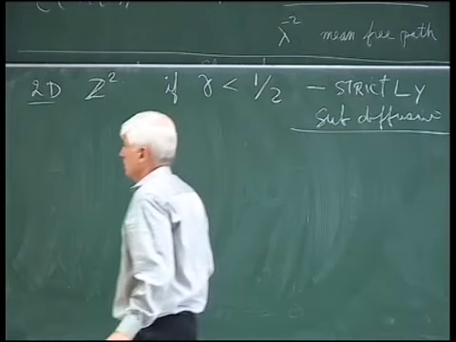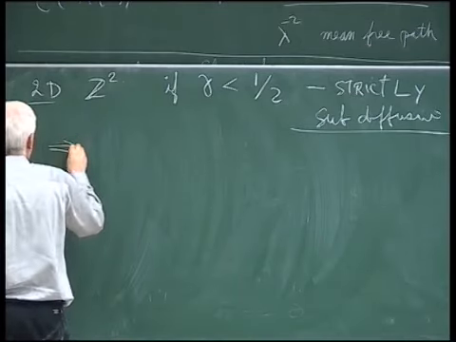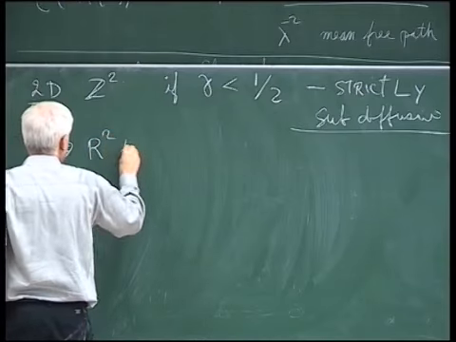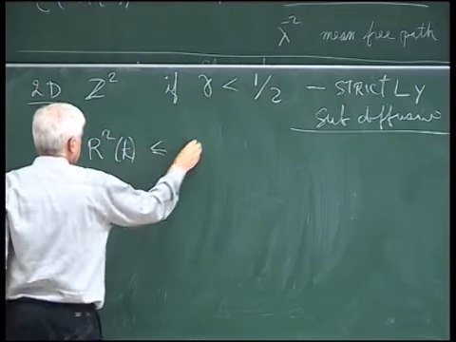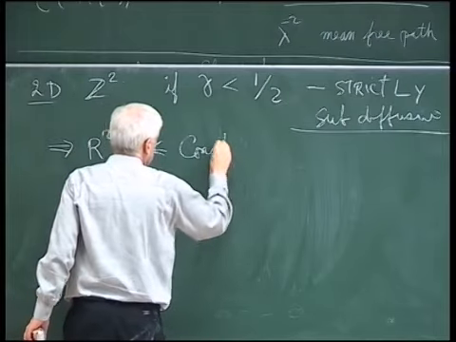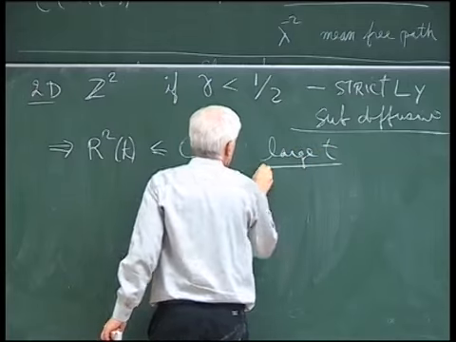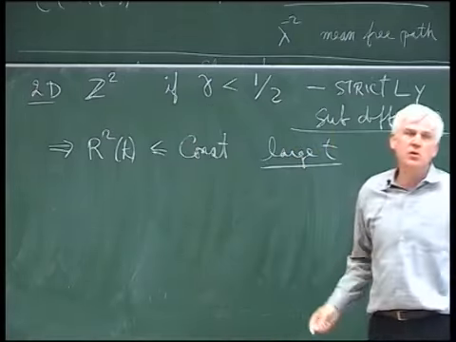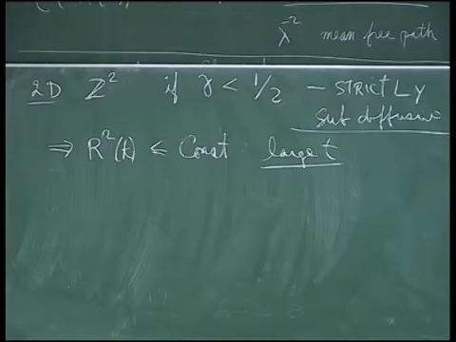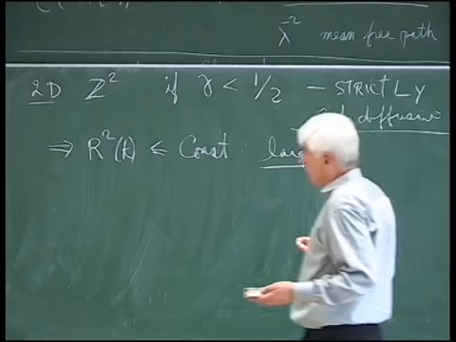Then that implies square root of t. Okay, so these intermediate time scales cannot happen in random systems. These are not hard theorems to prove.